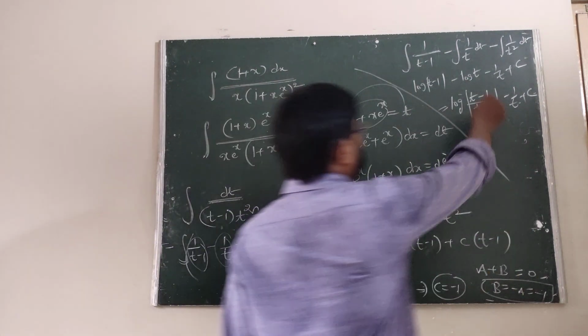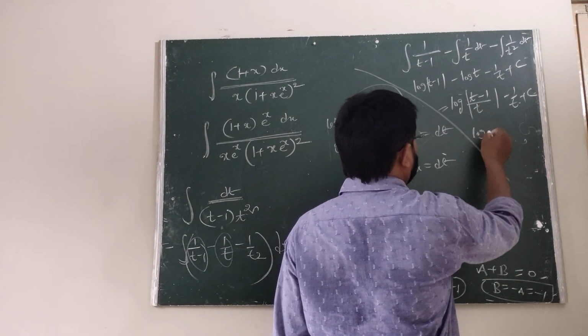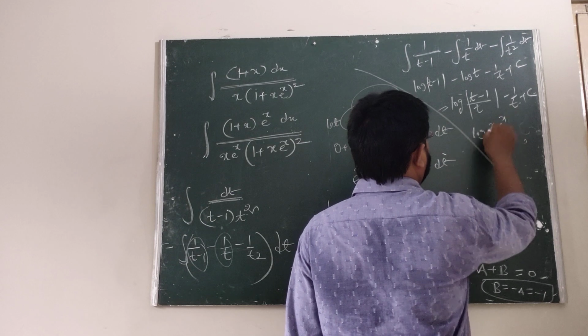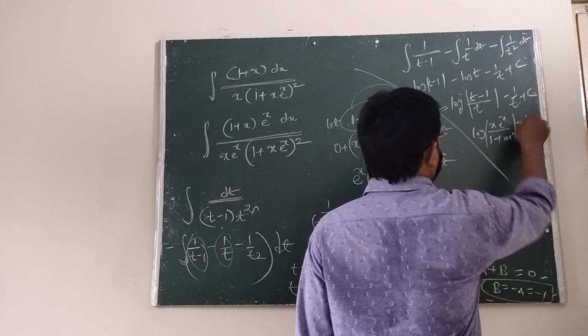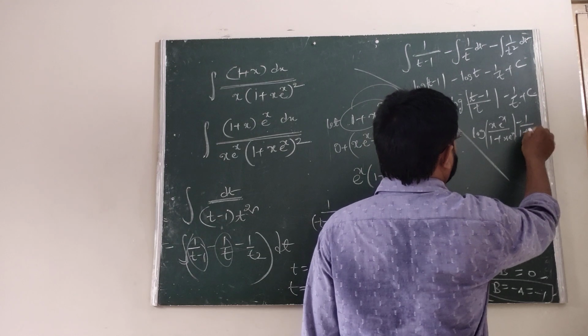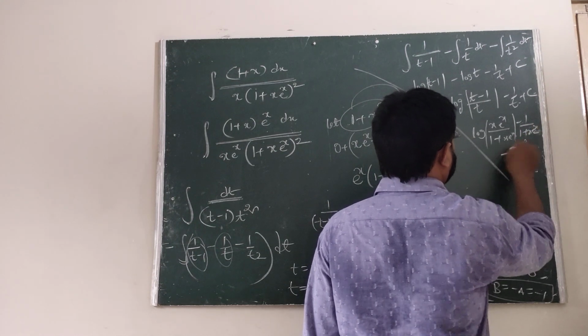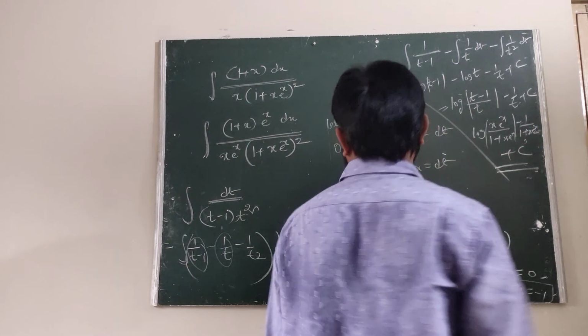Here the 1s are cancelled. So log mod of x e^x upon (1 + x e^x) plus 1 upon (1 + x e^x) plus C. This is the solution.